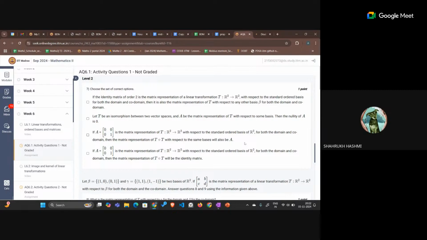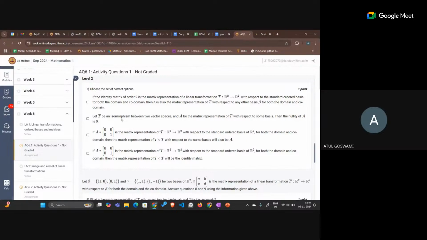Can you explain option three, sir? I'm going to option three, but let me first read this option. T is an isomorphism between two vector spaces and A is the matrix representation of T with respect to some basis. Then the nullity of A is 0. Because isomorphism means one-one and onto, nullity needs to be 0 for one-one to be true.